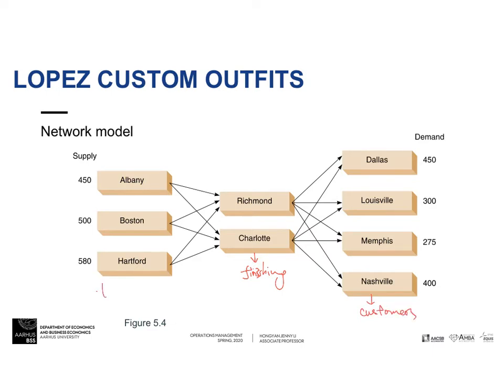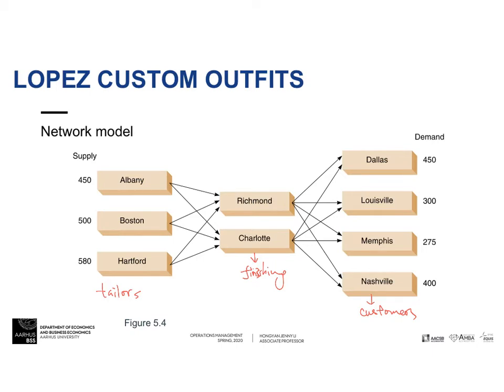So these are the tailor shops. Now the product flow is shown by the arrowed lines. From Albany to Richmond, from Richmond to Dallas, to Albany, to Charlotte, from Charlotte to Dallas. So you can see there are multiple routes from different places.